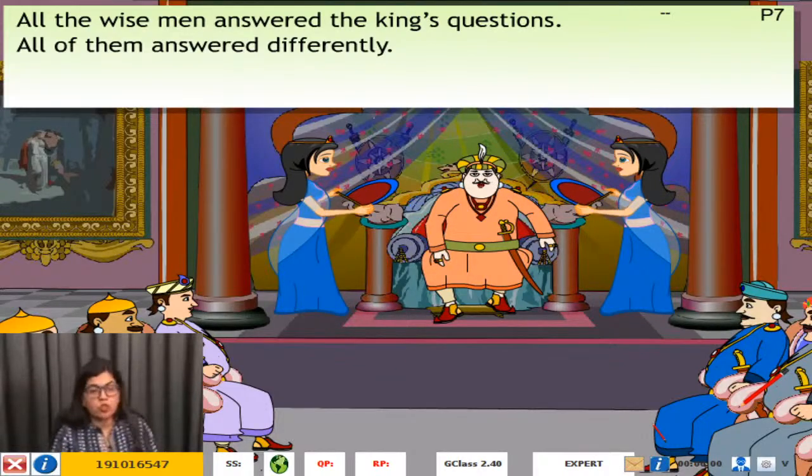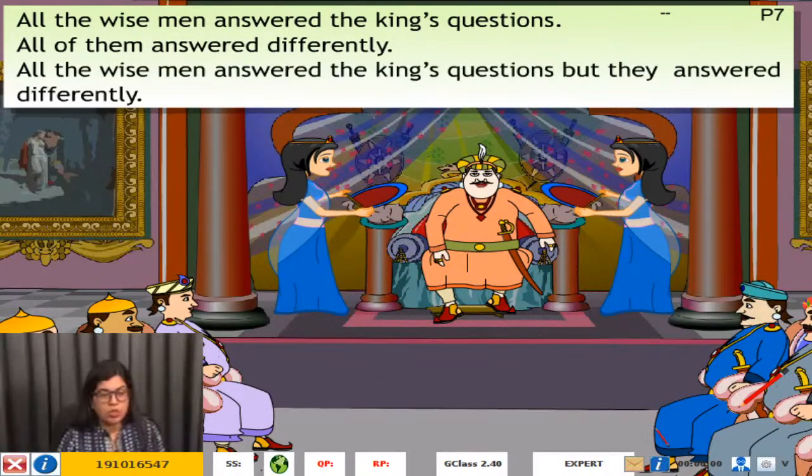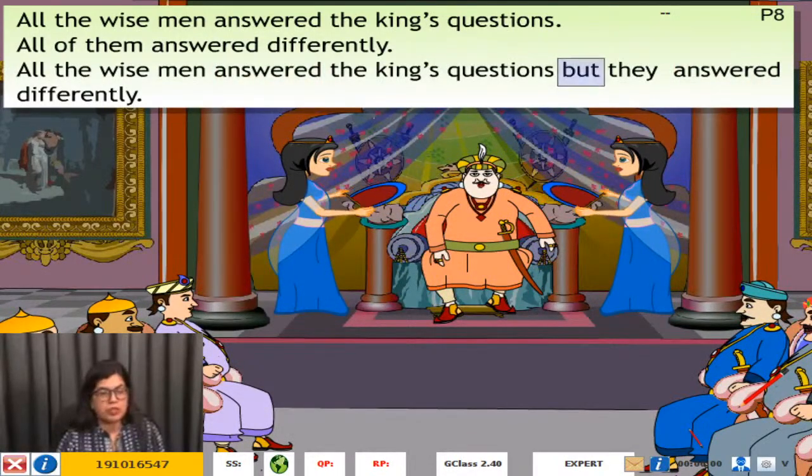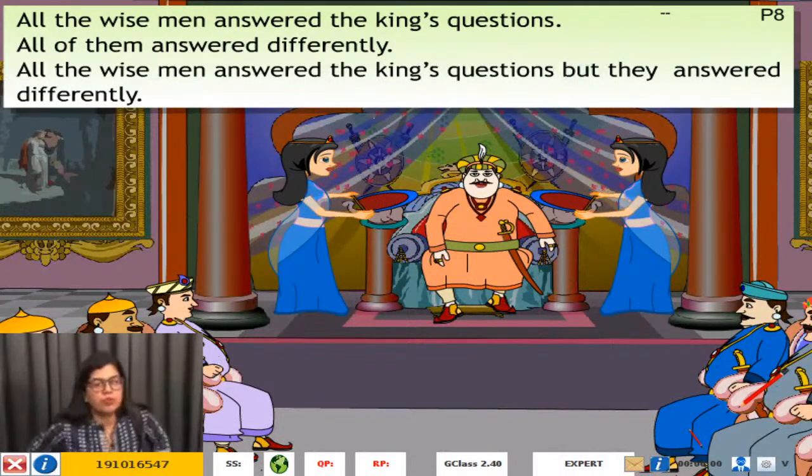So we can join these sentences. How? So let us see. All the wise men answered the king's questions, but they answered differently. So here we have answered, answered, but. Okay, so we are joining these sentences with the help of the conjunction but.